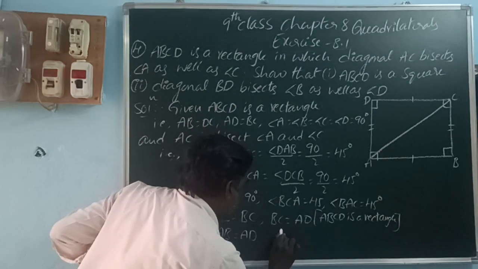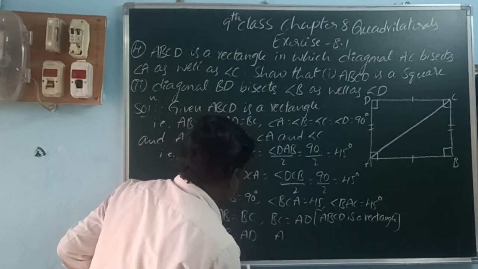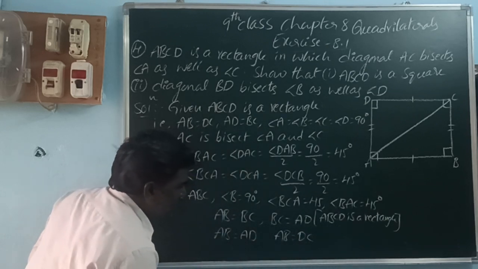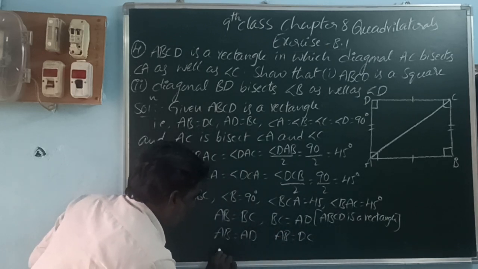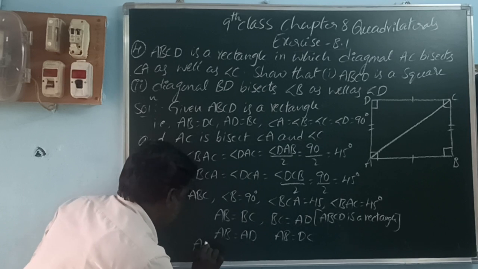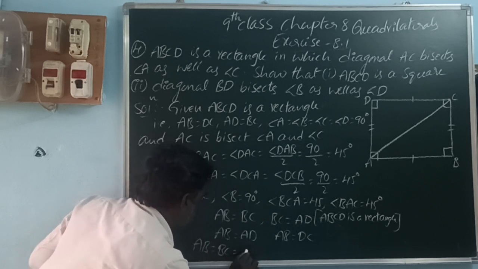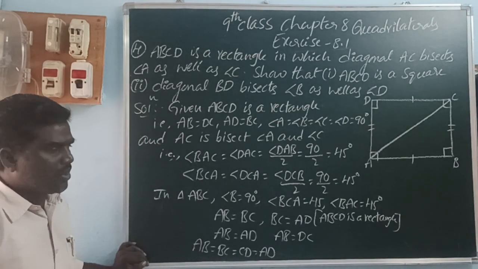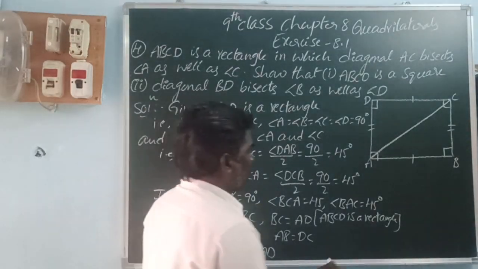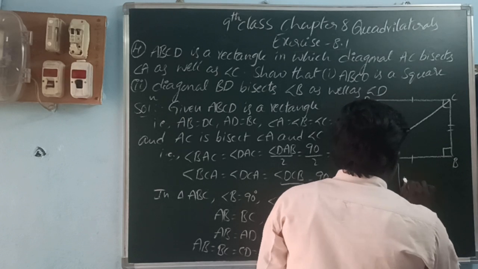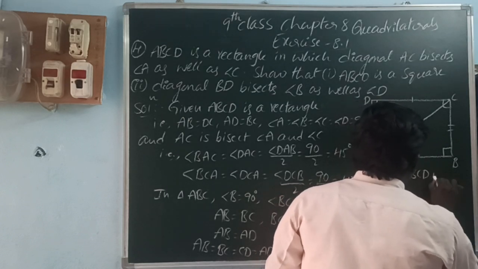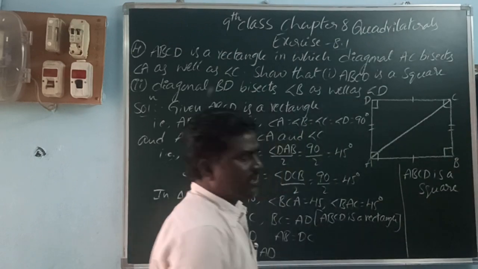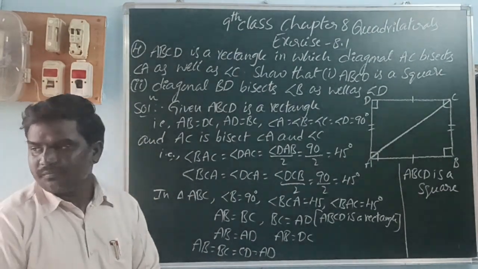Also AD is equal to BC, and AB is equal to DC. So from these two we can say AD is equal to DC. So AB is equal to BC is equal to CD is equal to AD. The adjacent sides are equal, all sides are equal. Therefore ABCD is a square. So that is the first proof.